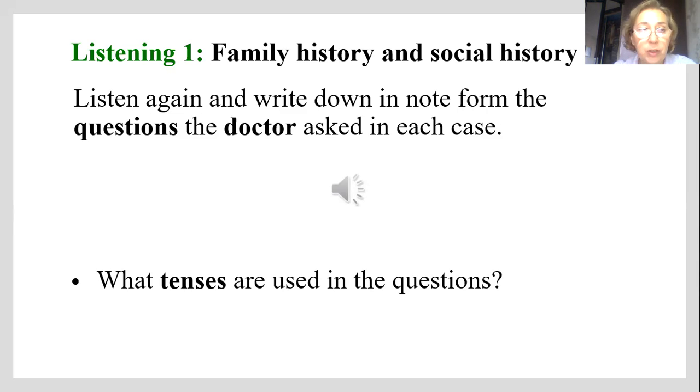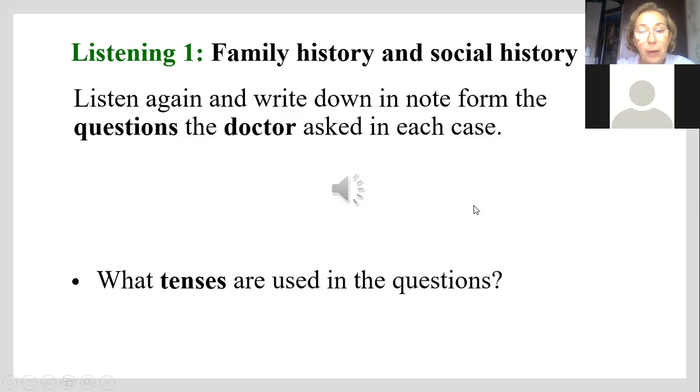When he asks about the family history, he uses the past simple, and also the past simple tense when he asks about smoking experience. And in this question, how long have you been smoking? The present perfect tense is used. So do you hear me? Yes, ma'am. Okay, I see.